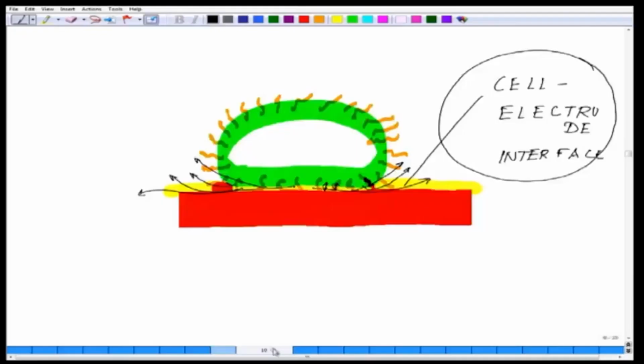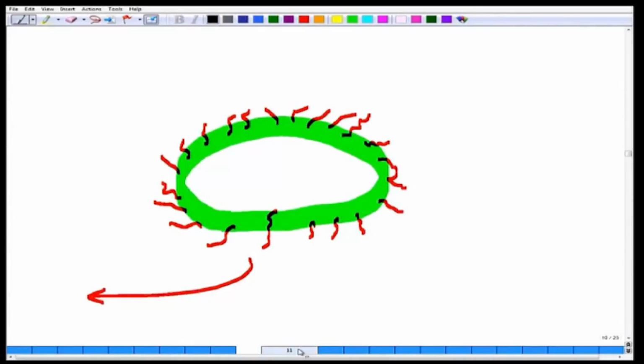So the options are, either we make the surface of the electrode rough. So it's something like this. So if this is a rough surface, then we make the electrode surface, let me represent the electrode surface with the pink color, something like this.